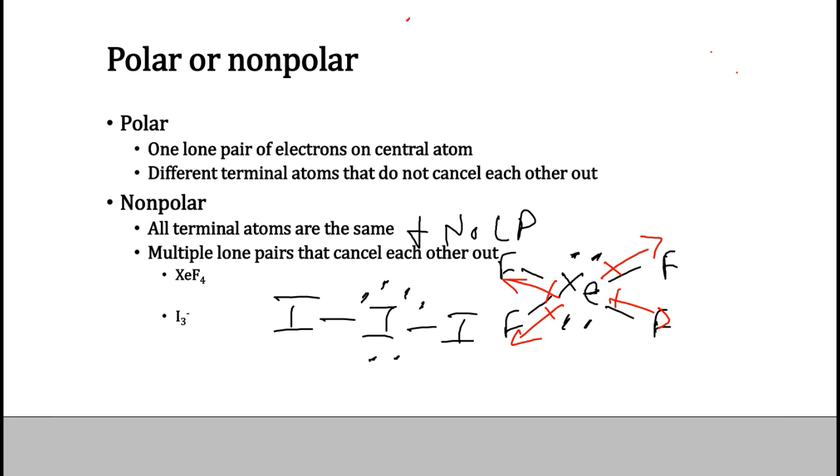So these iodine bonds here and here, those are both nonpolar because it's bonded to itself, so they have the same electronegativities. But then all these lone pairs are around the belt, so it has that trigonal planar arrangement. So they all cancel each other out. So overall, I3 minus you would expect to be nonpolar.